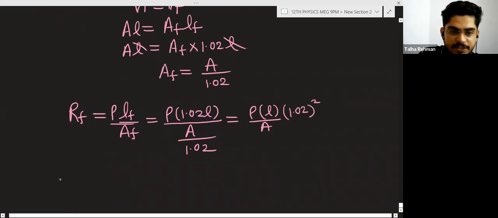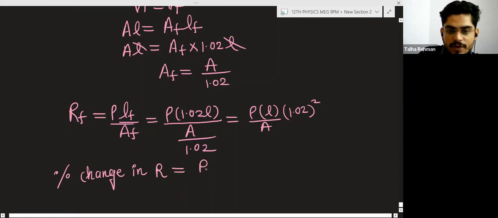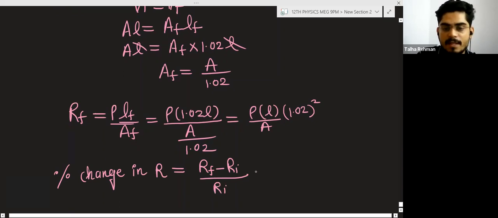So percentage change in resistance is equal to final resistance minus initial resistance, divided by the initial resistance. Okay.